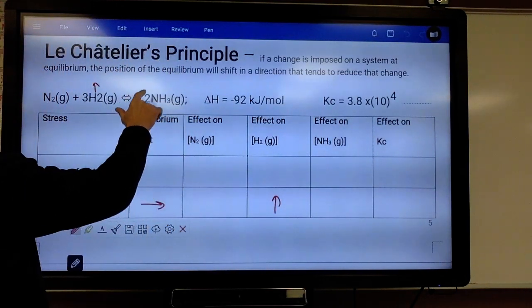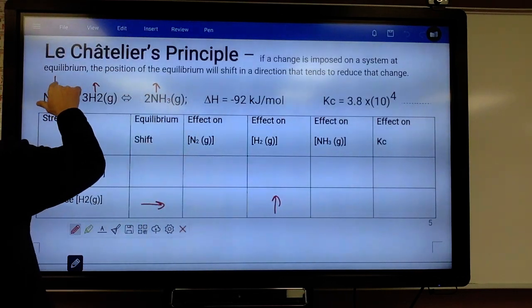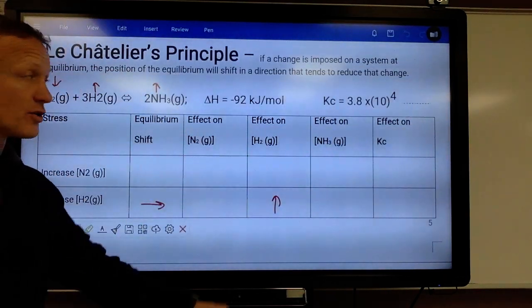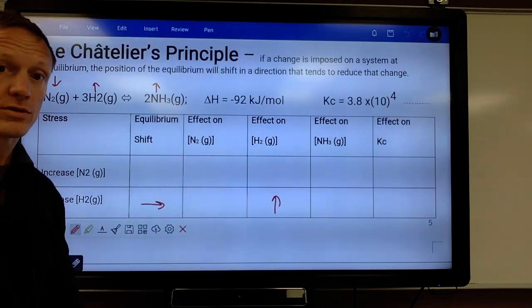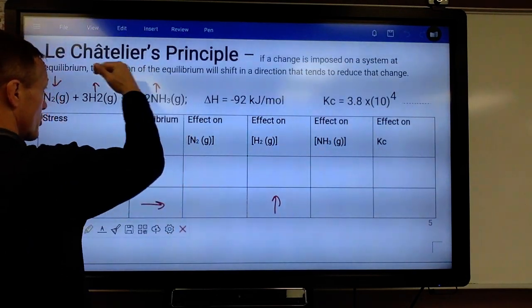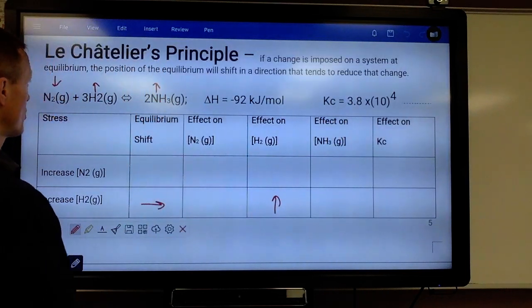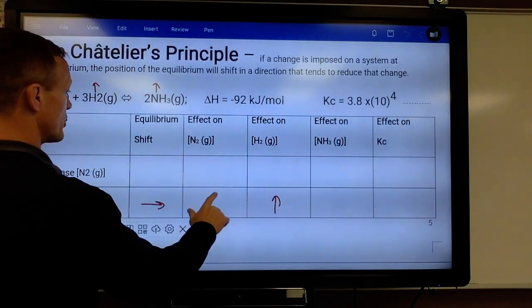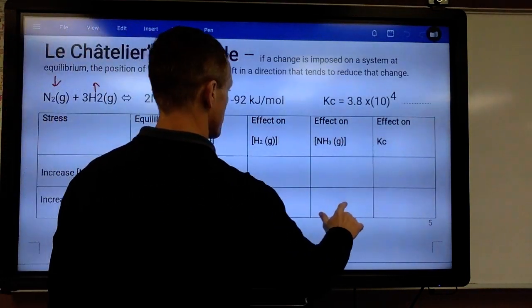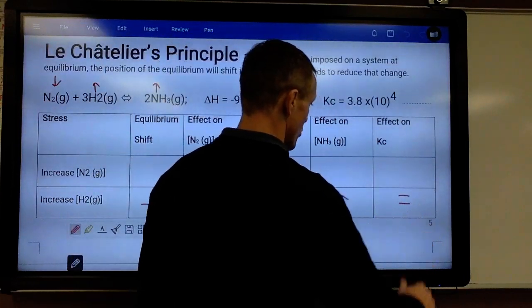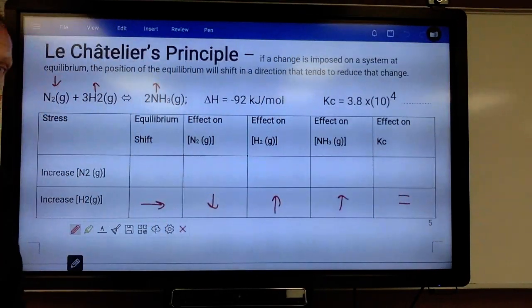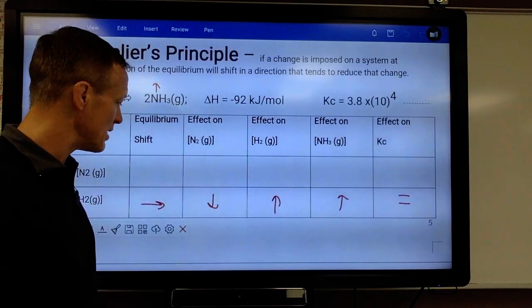As it shifts to the right, that means there's going to be an increase in that and a decrease in that until we get back to that K value. Until we get back to that ratio of this over this equaling 38,000. So N2 is going to go down, and NH3 will increase, but our K value will stay the same. So changes in concentration, I think, are pretty easy.